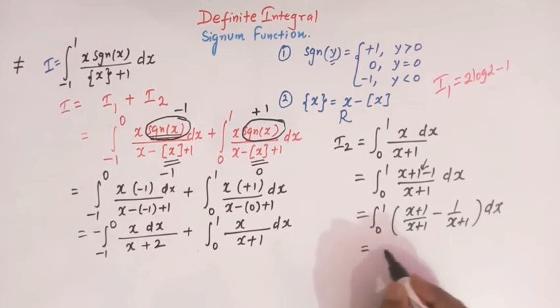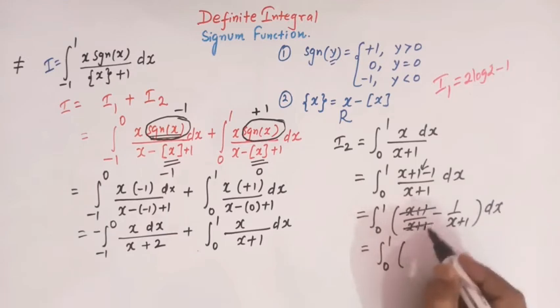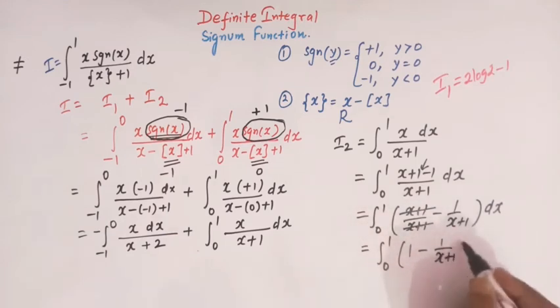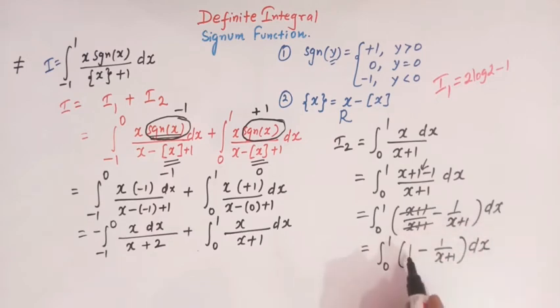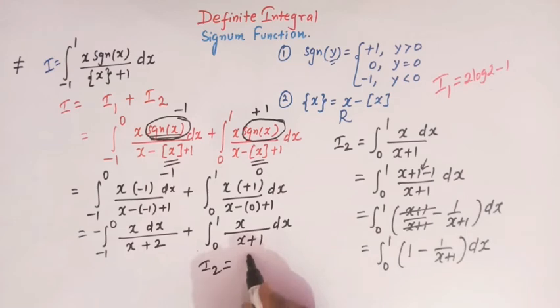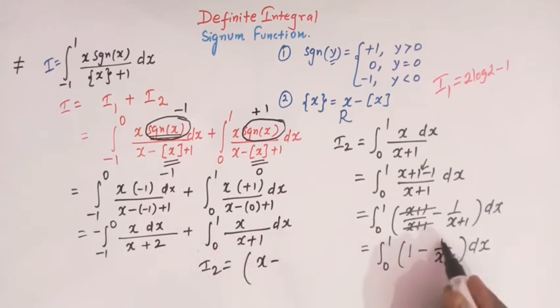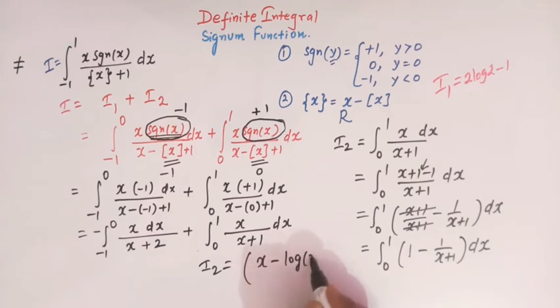So now we can write it 0 to 1. These two terms get cancelled. We have 1 minus 1 over x plus 1. The integral of 1 dx is x, and the integral of 1 over x plus 1 is log of x plus 1, and the limits are from 0 to 1.